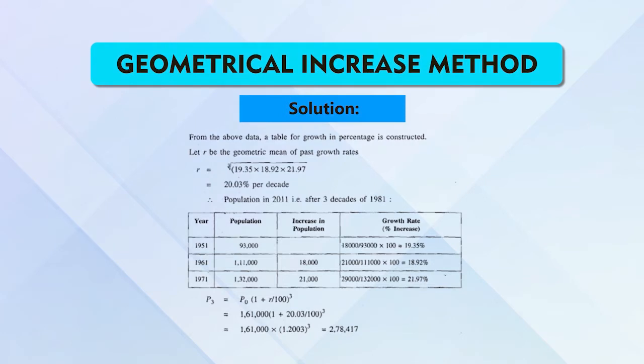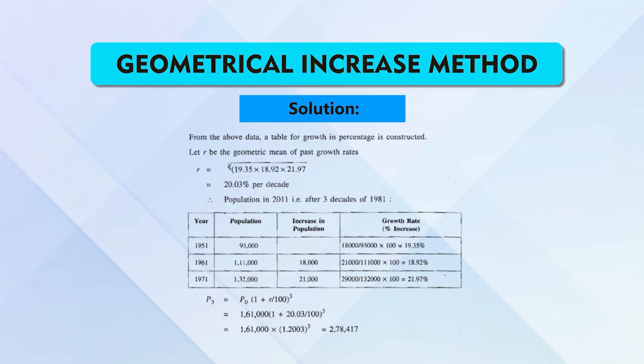Past growth rate means, suppose we look at 1951 to 1961. There is an increase in population of 18,000. In the case of 1961 to 1971 the population growth is 21,000. So we have to calculate the percentage increase in population.